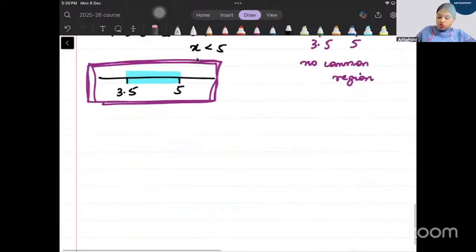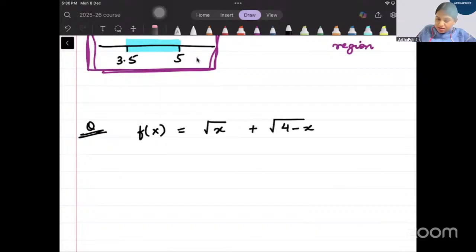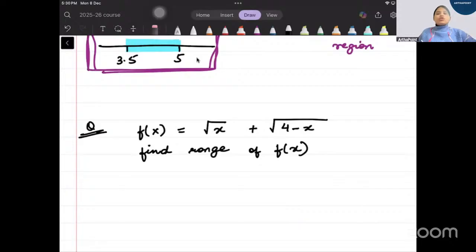Okay, next question. You're given a function root x plus root 4 minus x. Find the range of the function.